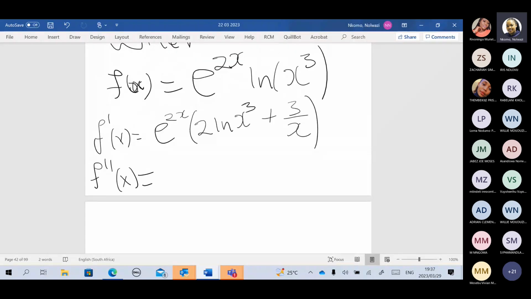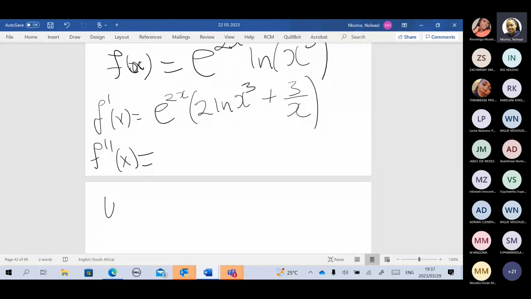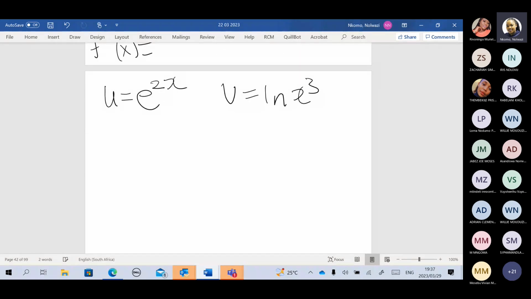We have u as e to the power 2x. We have v as ln x cubed, right? We need u prime and v prime. If you check, u has an inner function and an outer function.